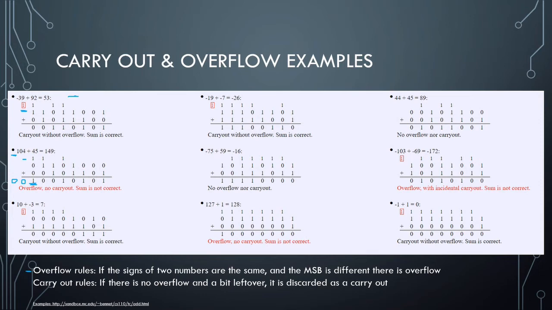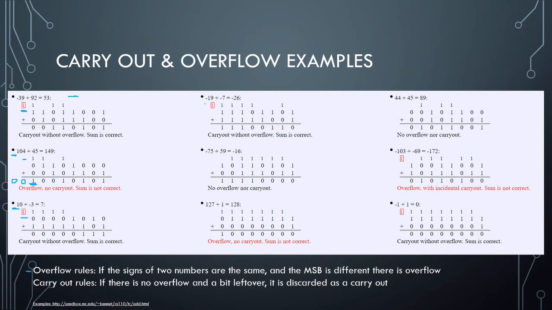And 7 bits cannot contain the positive number 149. So looking at our next example right below that, we have a positive 10 plus a -3. So we know that we don't really have to be worried about overflow, but we might have a carryout. And we do. We have this one over here. It's a carryout. That's perfectly fine.